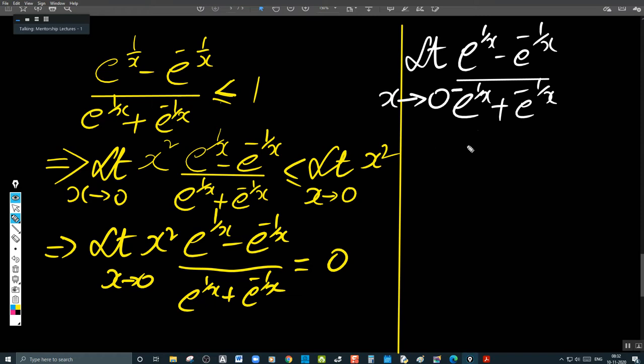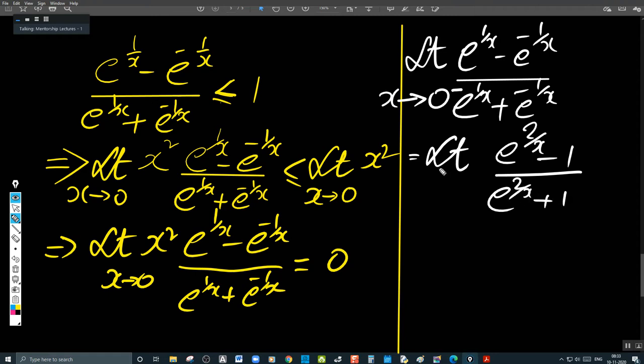Minus, if I take, respond please. Left-handed limit I am finding here. Then in that case, you make it positive by taking it common. Then you take e power minus 1 by x common. Then what happens? You will get it as e power 2 by x minus 1 divided by e power 2 by x plus 1 as x tends to 0 minus. As x tends to 0 minus, this becomes e power minus infinity.